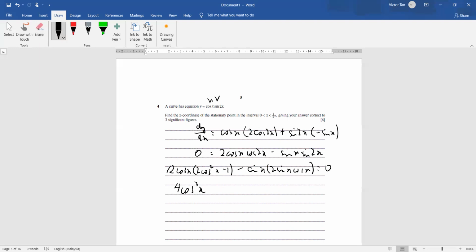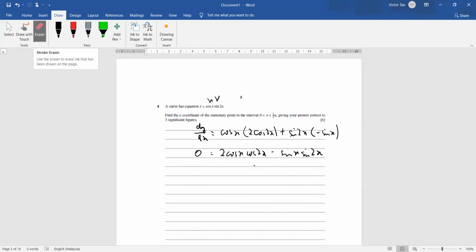Now, this seems a bit long, so I've noticed a pattern. This is a compound angle formula again, because there's a 2. Cannot be. So you have no choice but to use it.